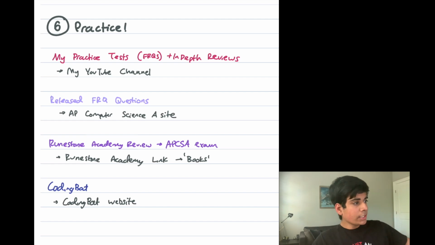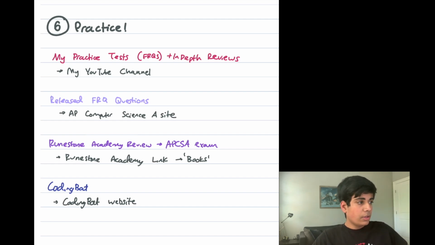But otherwise, if you want to try released FRQ questions, I think they go back all the way to the 1990s or something. I don't think those include C++, so don't go that far. Maybe do the 4 years, 5 years since 2019, like 2014 onward. Definitely check them out. They're free review resources from the College Board on the College Board website.